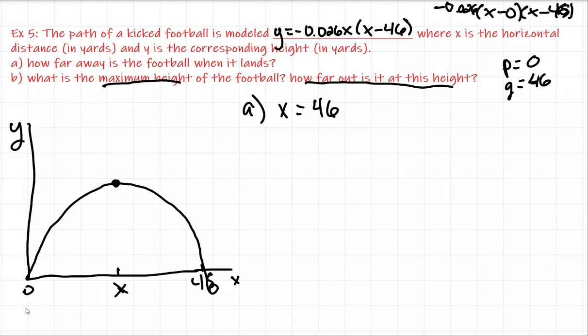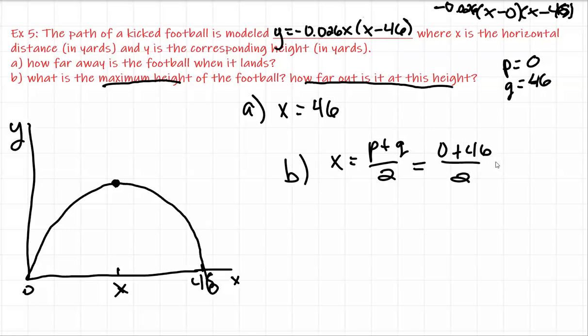Well, remember, the x value of our vertex is (p plus q) over 2. We add our two x-intercepts and divide by 2. Well, in that case, this is (0 plus 46) divided by 2. So that's just 46 divided by 2, which is 23.